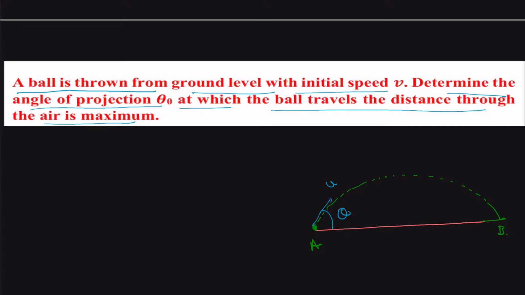So we have to find out this theta such that the distance traveled through the air, it means this curved path, is maximum. So this is the question.